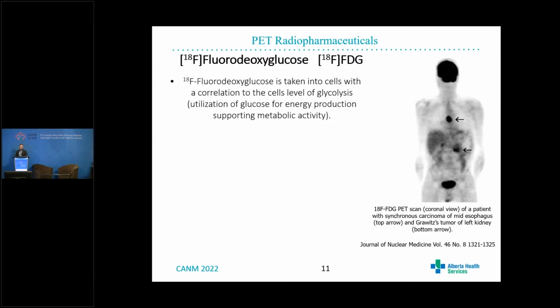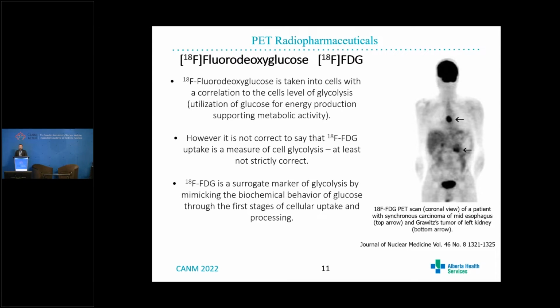So FDG is taken into cells with a correlation to the cell's level of glycolysis. It is not completely correct to say it's a direct measure of cell glycolysis. It is a surrogate marker though, so it's mimicking the biochemical behavior of glucose.